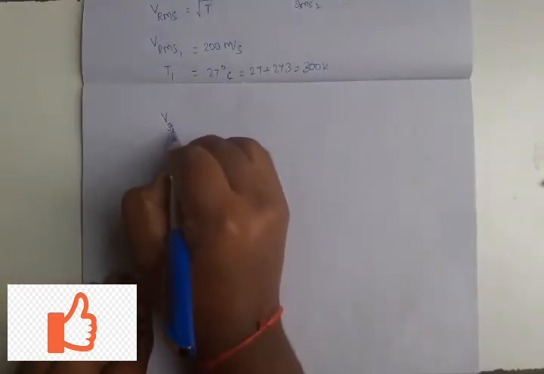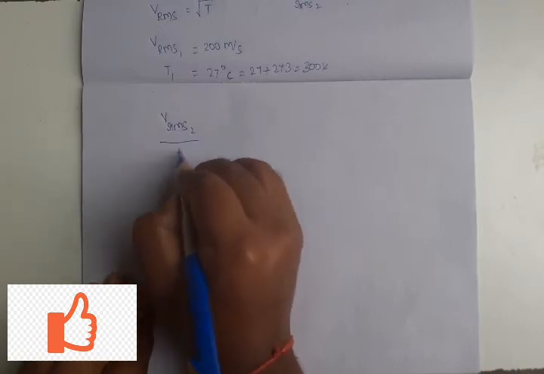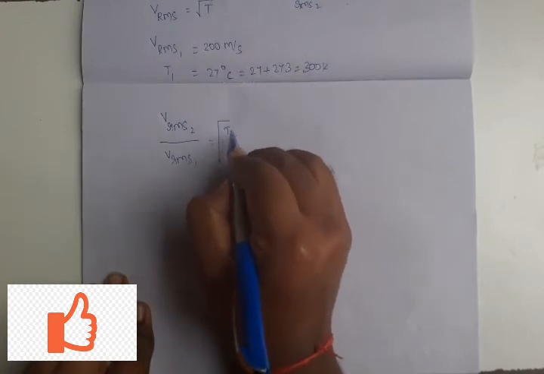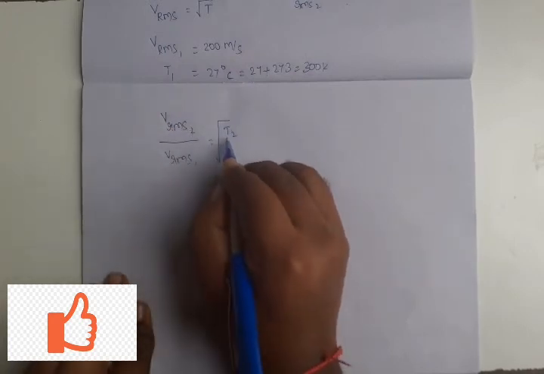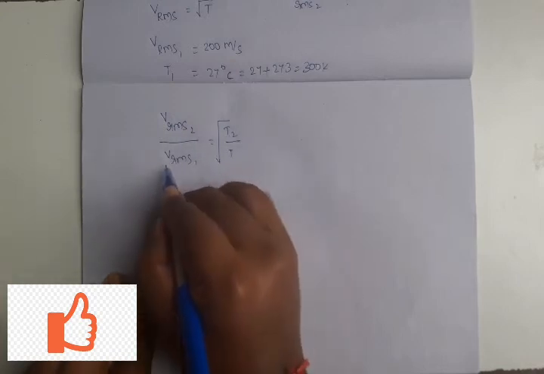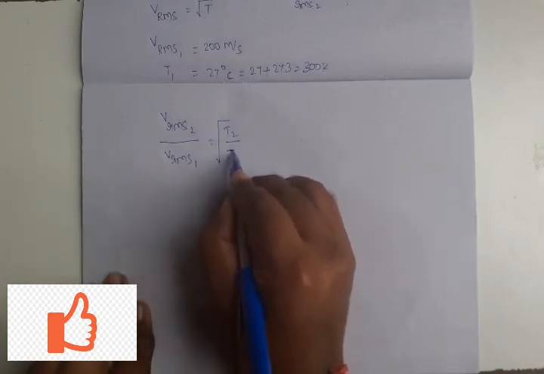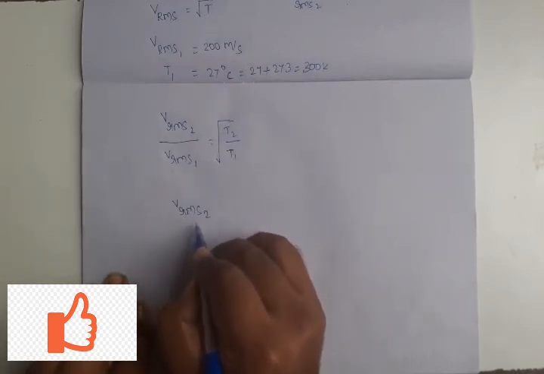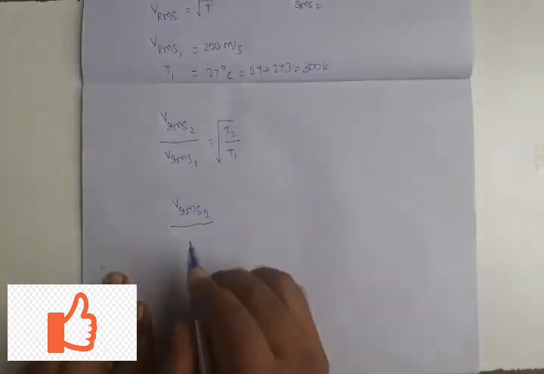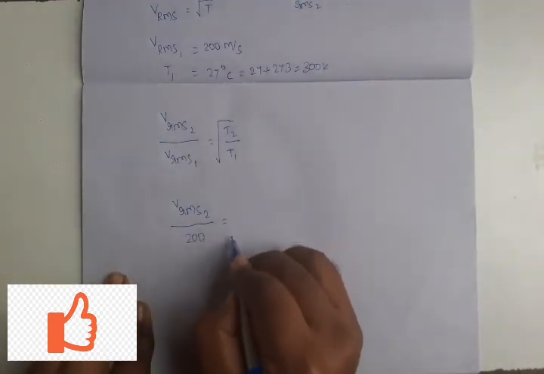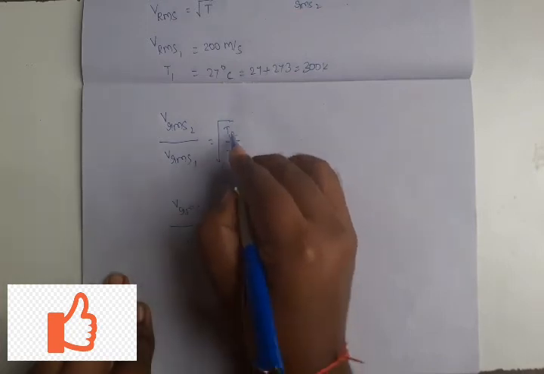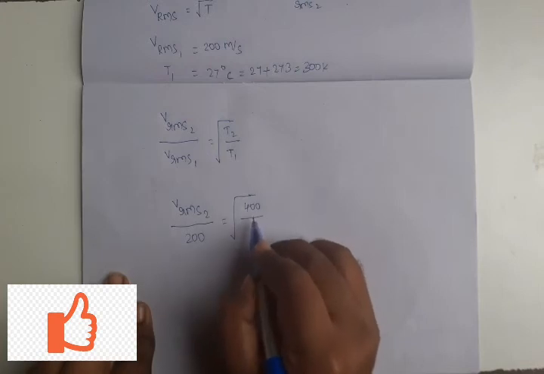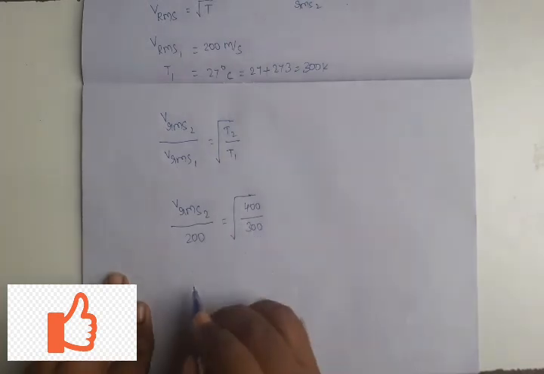Next, VRMS 2 by VRMS 1 equal to square root of T2 by T1, RMS velocity 2 by RMS velocity 1 equal to square root of temperature T2 by temperature T1. Substitute the values: VRMS 2 by VRMS 1, value 200 meter per second, temperature T2 400 Kelvin by temperature T1 300 Kelvin.